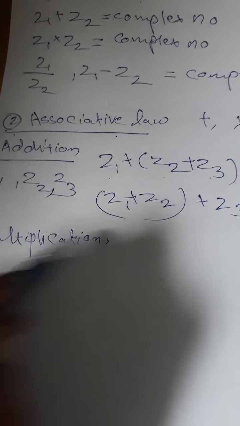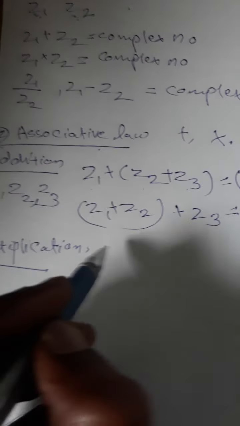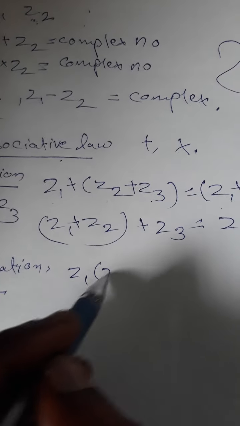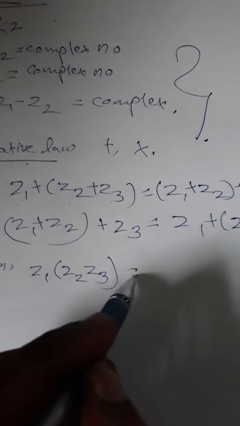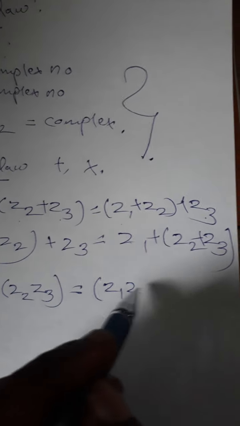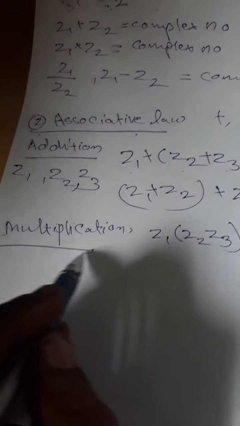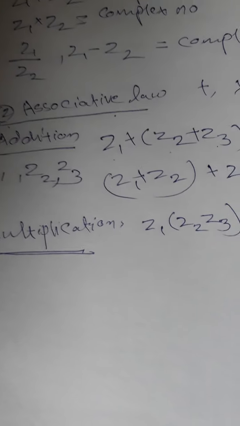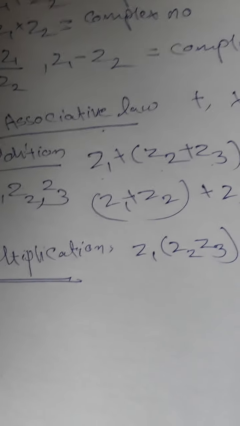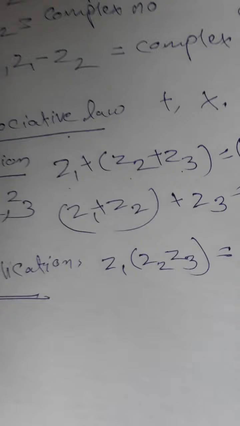In case of multiplication, (z1 into z2) into z3 will be equal to z1 into (z2 into z3). So here the associative law for complex numbers holds good for addition as well as for multiplication.